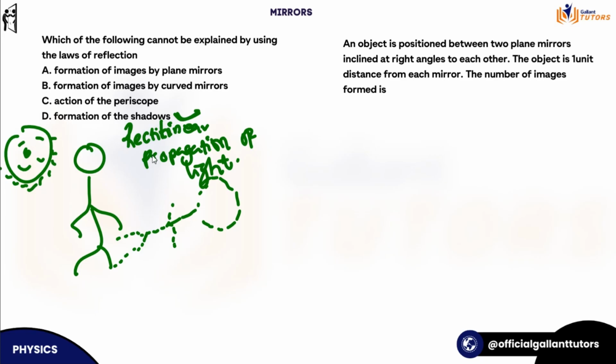Before I move to the next question, for those who do not understand, when they say rectilinear propagation of light, what does that mean? It talks about the transmission of light on a straight line. When light travels, it travels in a straight line, not around obstacles. So it casts shadows.